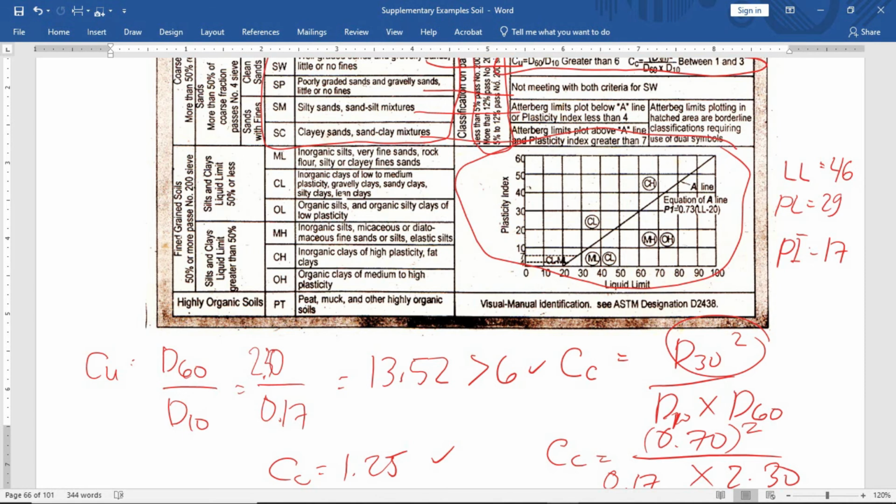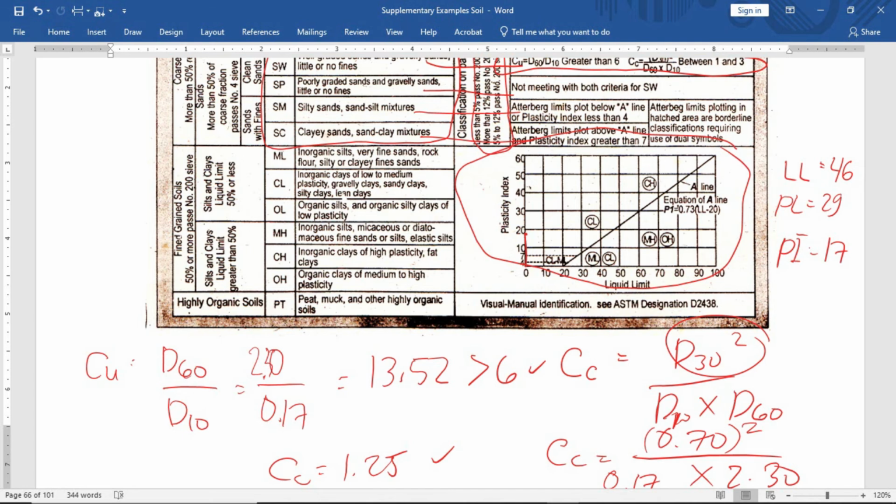So, PI is going up. So, 17. Yan, dito yan. So, after that, liquid limit 46.